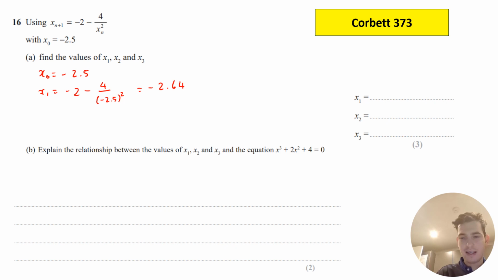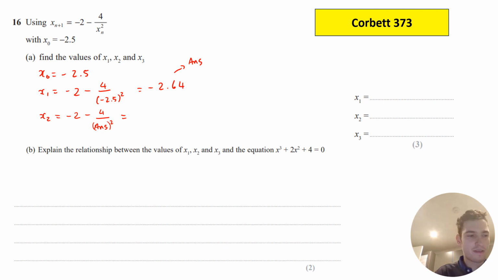And then if you do that again, so you do x2, now actually there's a quick way to do this, which is if you have your previous answer, so minus 2.64, as your answer in your calculator, all you can do is put minus 2 minus 4 over answer squared.